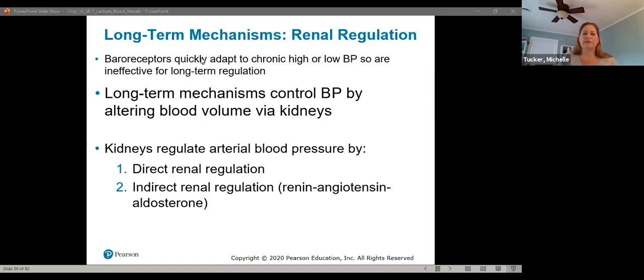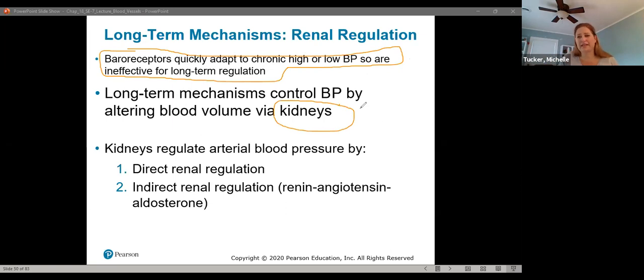But they are going to adapt to chronic high or low blood pressure. So they are ineffective for long-term regulation. That's an important concept: baroreceptors are great in the short term, but under chronic conditions, they quickly reset their expectations. So the long-term mechanism is going to be done by the kidneys.